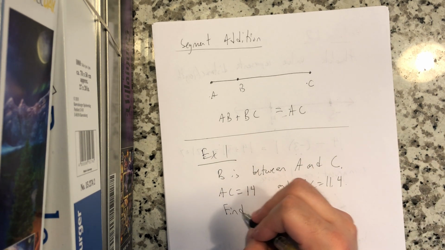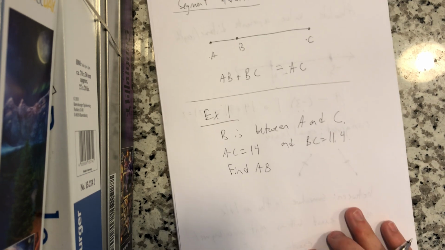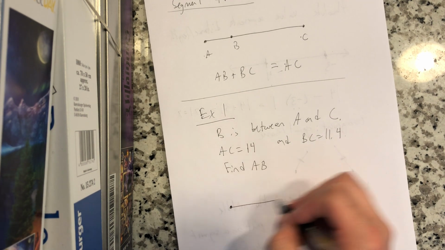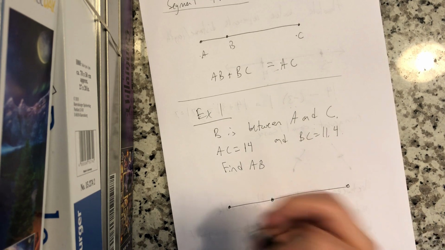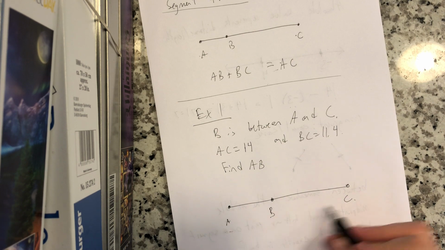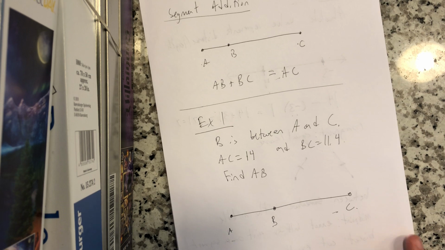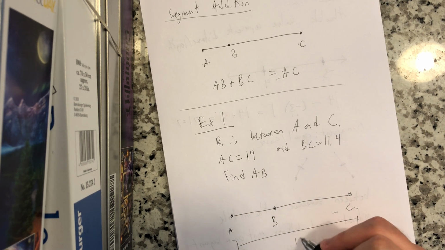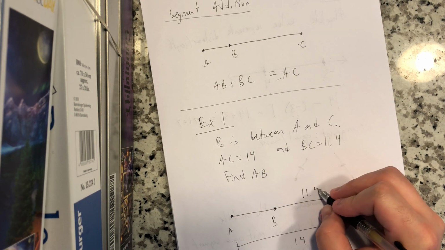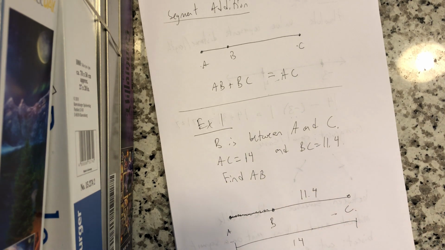Find AB. All right? So in this case, we need to draw a picture. It says B is between A and C, so we have A, B, and C. B is between, so it's somewhere in the middle of A and C, not necessarily exactly halfway. So AC is 14, so that means this whole thing to go from here to here is 14. And to go from B to C is 11.4. And we're looking to find this distance right here, from A to B.